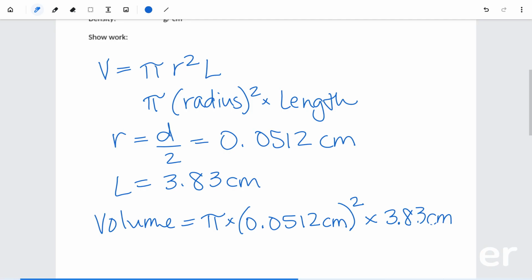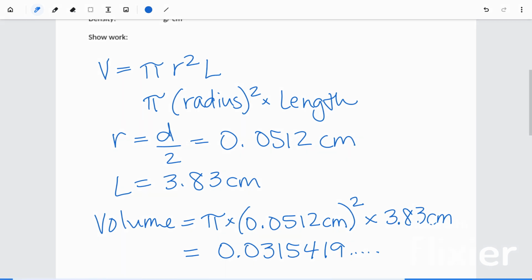I have to search for that pi button, times 0.0512 squared times 3.83 equals 0.0315419. And I'm just writing this so you can see all the digits that your calculator is going to give you. And again, you're not going to keep all of these digits. Since this length one had 3 digits, I'm going to just keep 3.